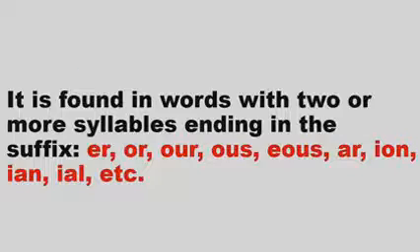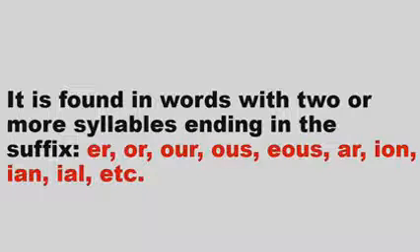It is also found in words with two or more syllables ending in the suffix er, or, our, ous, eous, ar, ion, ian, ial, as we shall find out later. Syllables ending in suffix er, or, and the rest of them normally have the schwa.